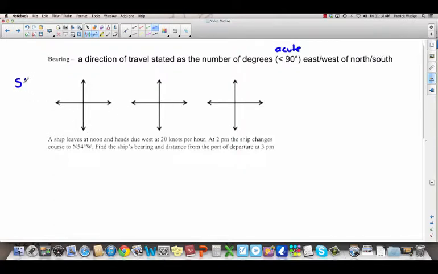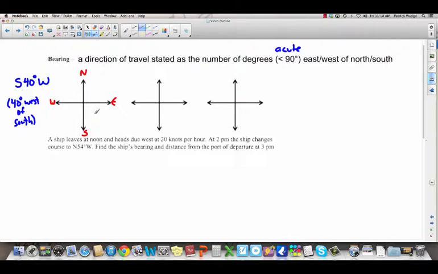South 40 degrees west. What that actually means is 40 degrees west of south. Oh, by the way, do you know your directions here? Never eat soggy wieners, right? Or never eat shredded wheat, some people say.